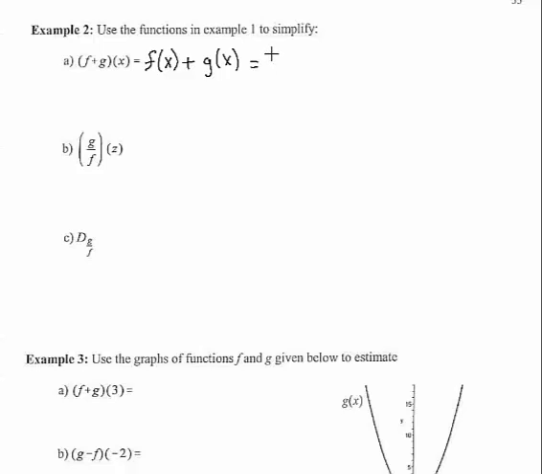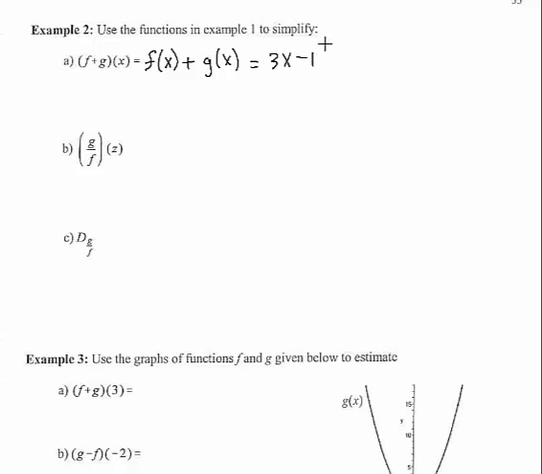Okay, what is f of x? So reading f of x from example 1, we have 3x minus 1.